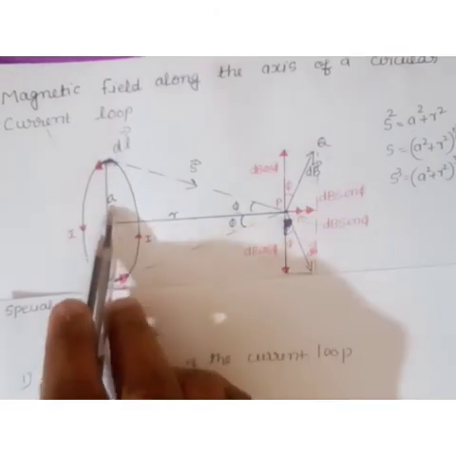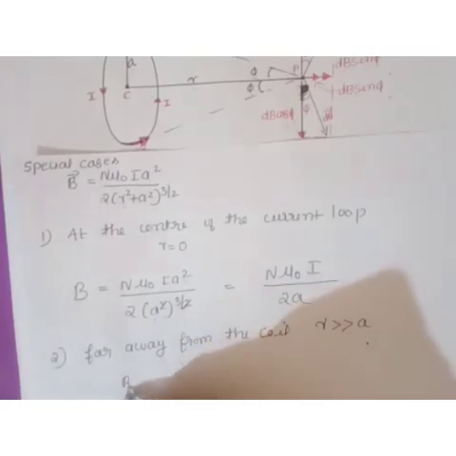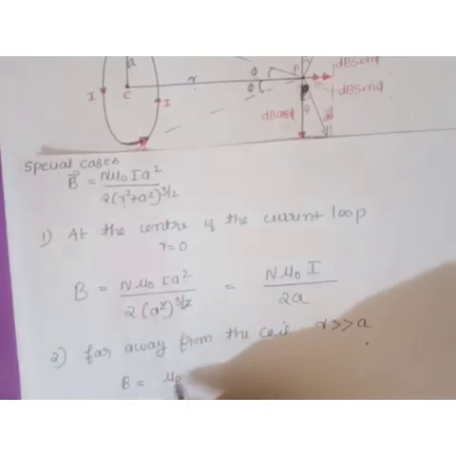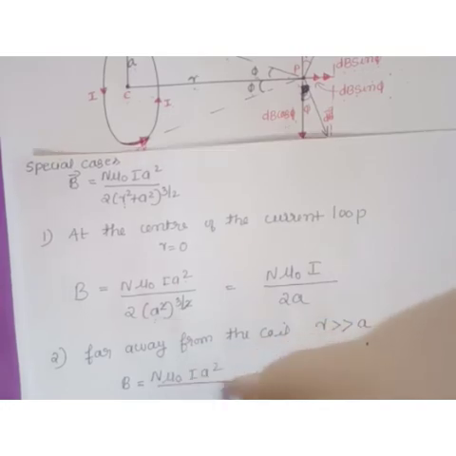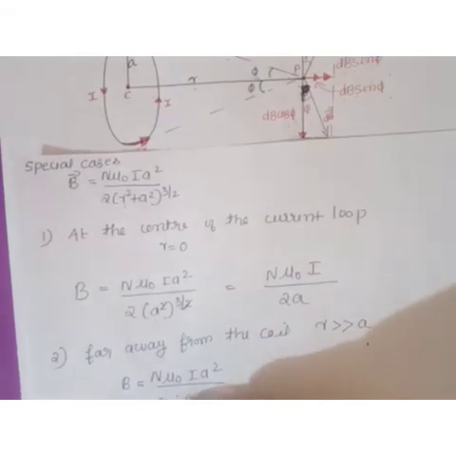So here, r is much greater than a, so you have to neglect the term a, that means the radius. So what happened to this equation? B is equal to N mu 0 I a square divided by 2 into, from this equation I will neglect a, so r square all raised to 3 by 2. So again 2 cancels.